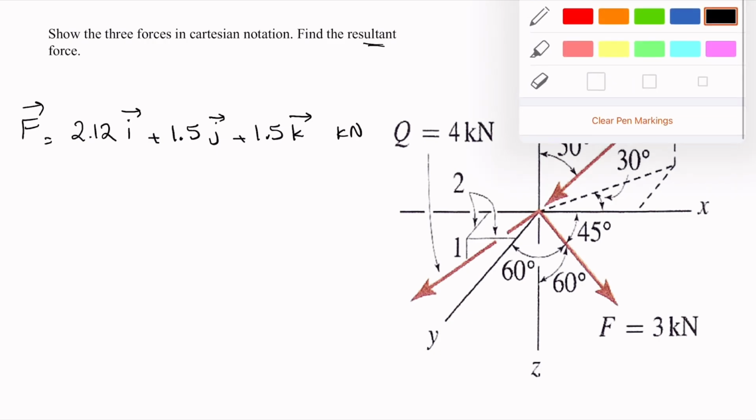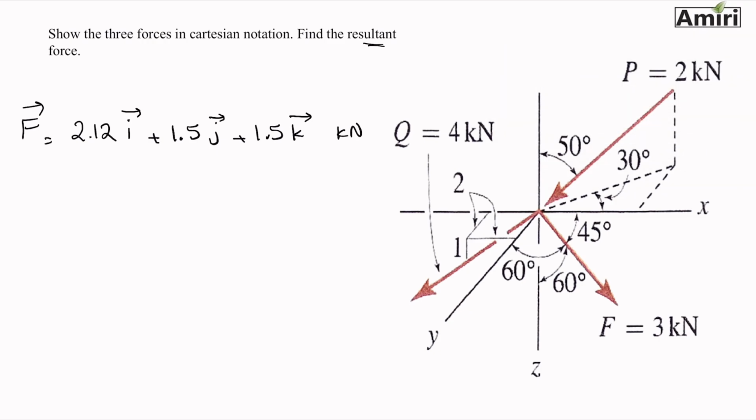My vector P is going to be minus 1.33 I, 0.766 J, 1.29 K, units of kilonewtons.